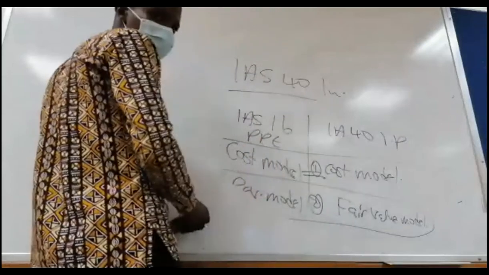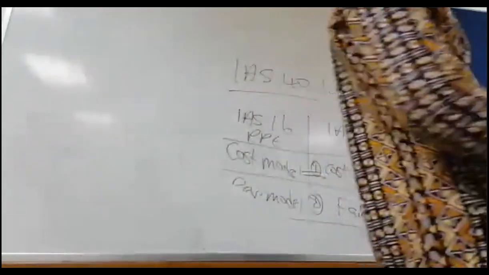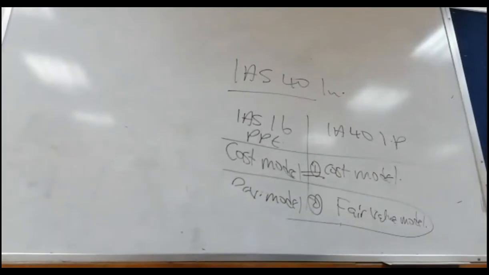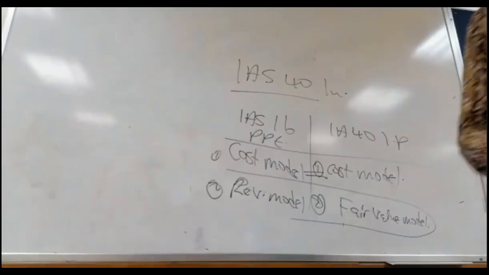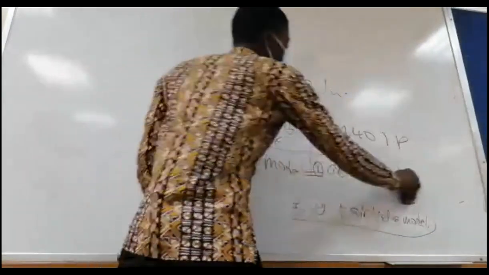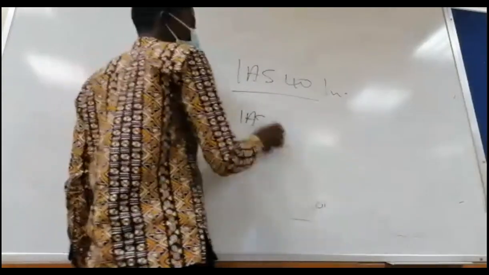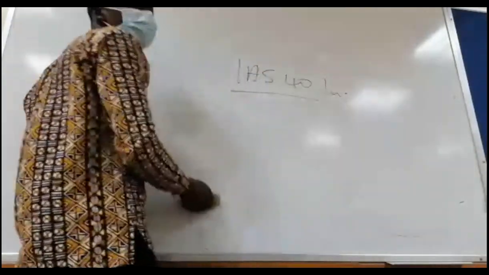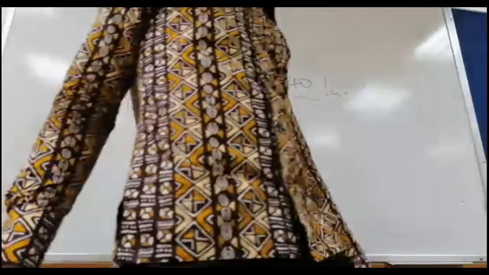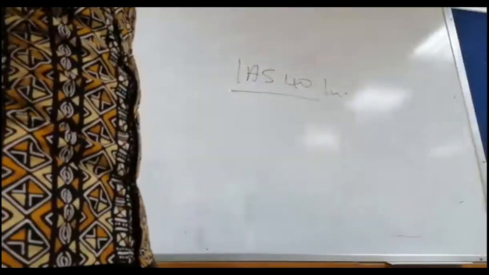So I think you are getting a few points down. Let's look at the difference between the revaluation model under IAS 16, which we can also call owner-occupied property.